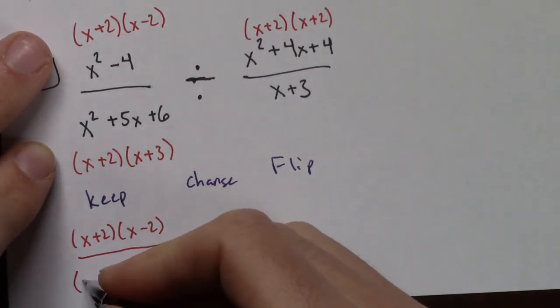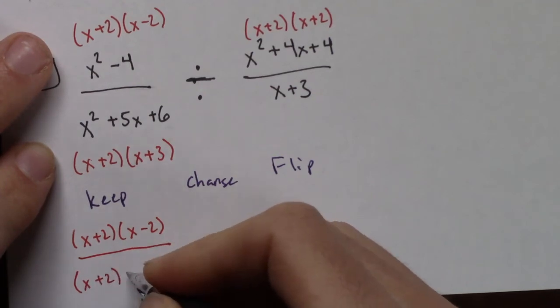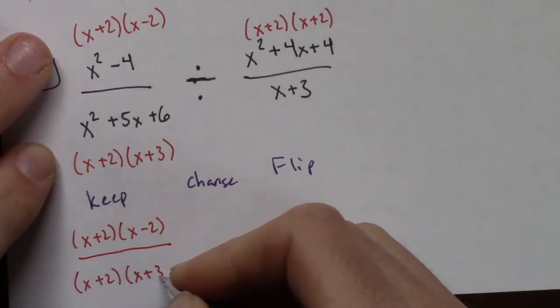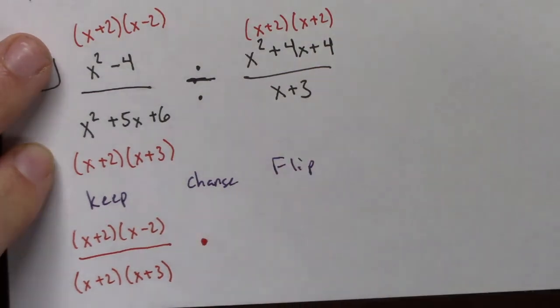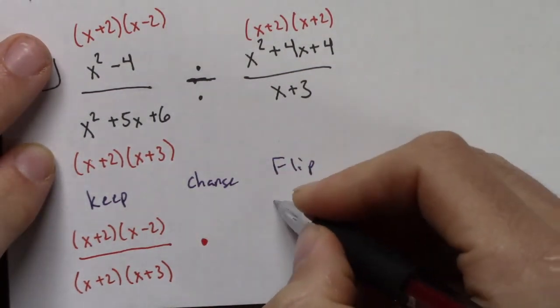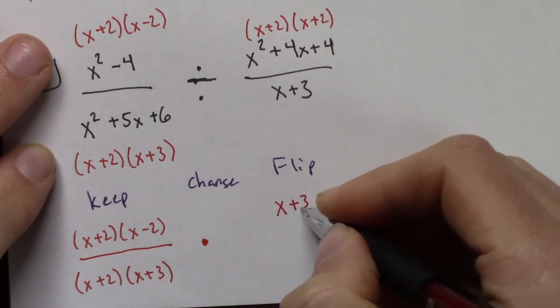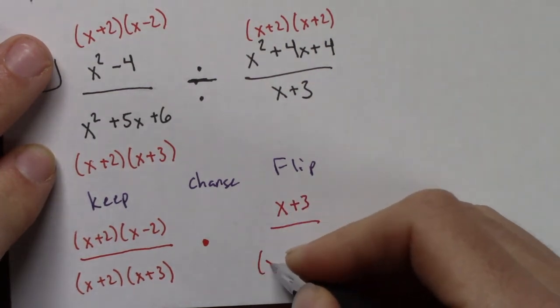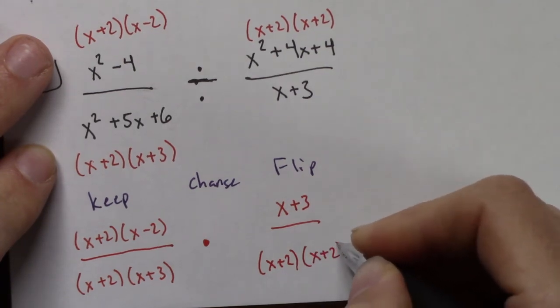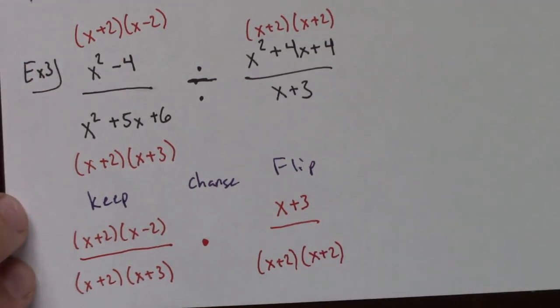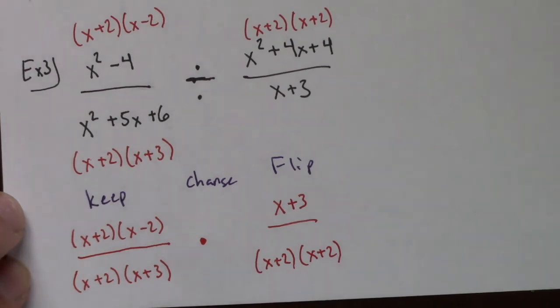My denominator stays the same, x plus 2 and x plus 3. I need to change. That division is going to become multiplication, and my second fraction will flip. So now the x plus 3 is on top, and the x plus 2 is on the bottom. And now I can treat it like a normal multiplication problem.